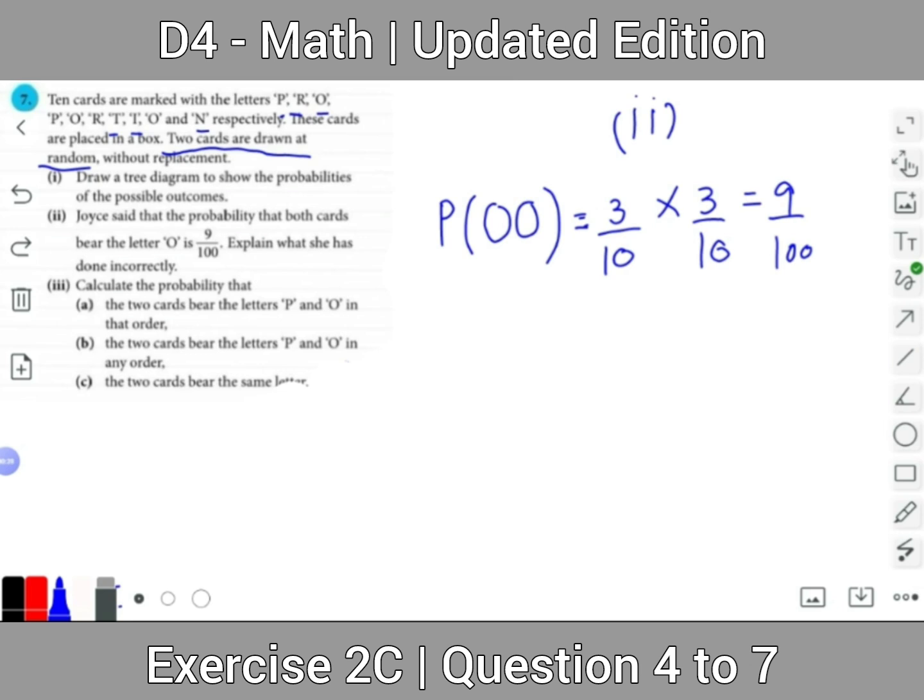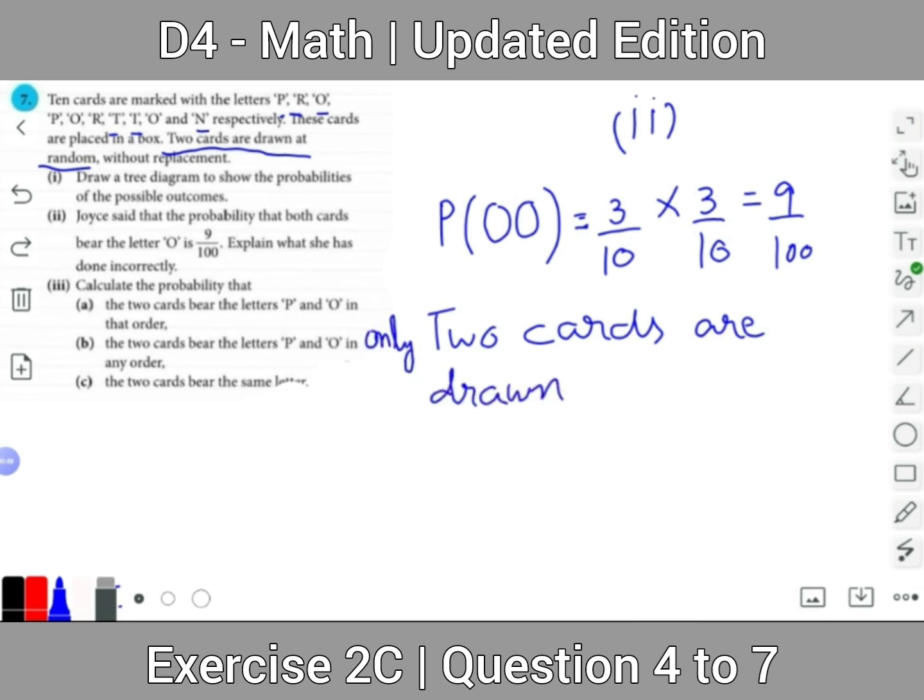But she does not take into account that just 2 cards are drawn.